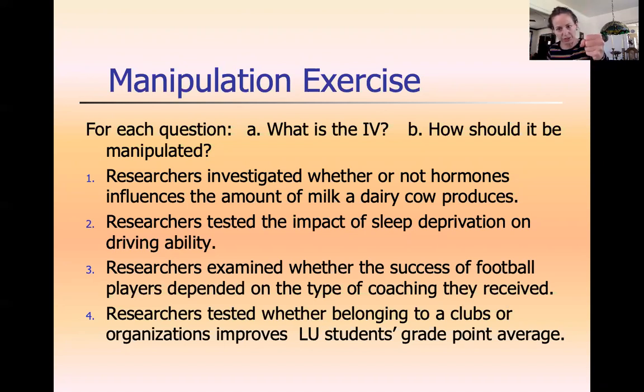Clubs and organizations are the independent variable. Grade point average is the dependent variable there. And again, we would want those groups to be spread out as much as possible. We would want to make sure that the control group did not participate in any clubs or organizations, but that the experimental group did, and they spent some time in those clubs and organizations, and we made sure that in fact they actually did it.